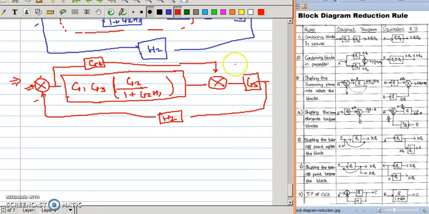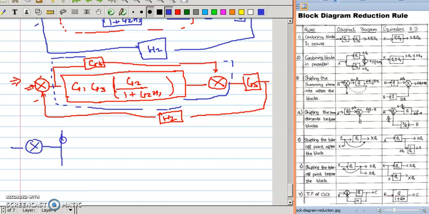I think G4 is a forward block. That's G1, G2, again a forward block. So can we use the parallel formula here? Because these two blocks are in parallel, right? What happens in the parallel formula? All the blocks are added together, right?